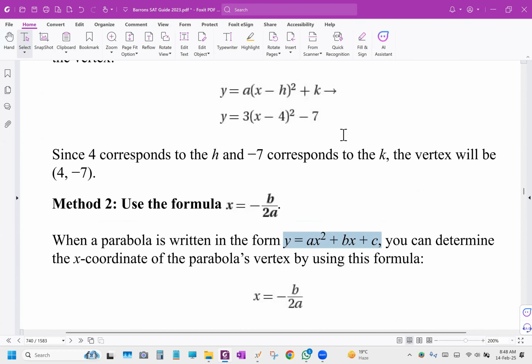For example, in this case, you don't have the formation of the parabolic equation, the equation of the parabola like this: y equals ax squared plus bx plus c. Do you understand what I'm talking about? Yes.